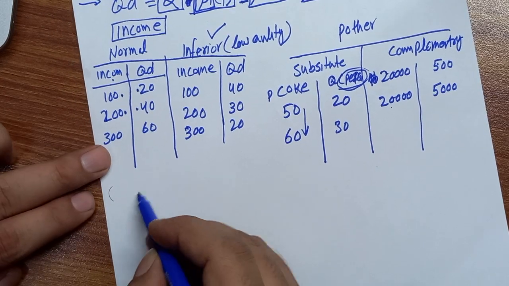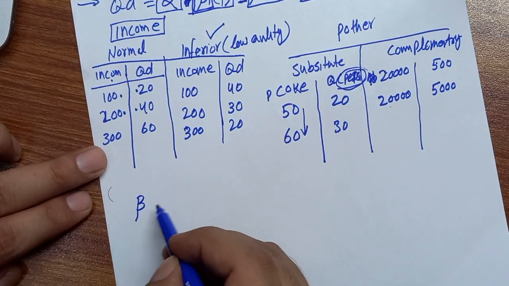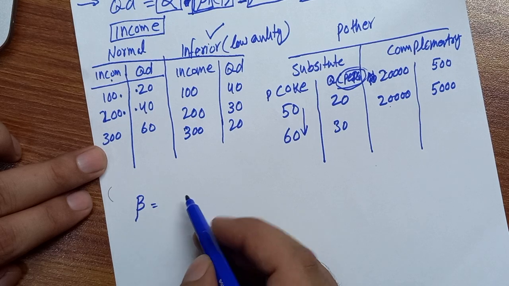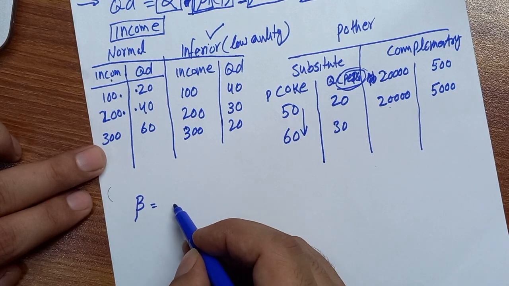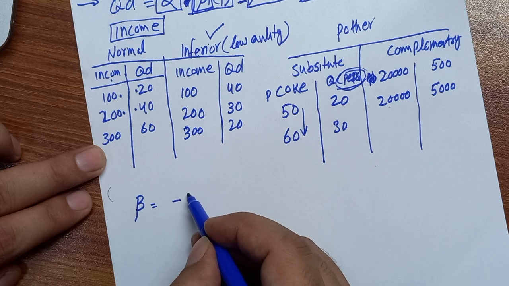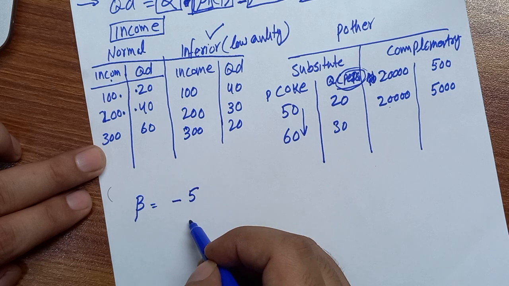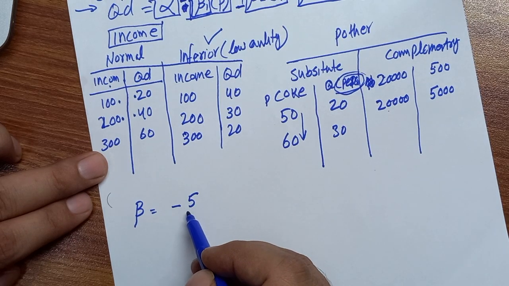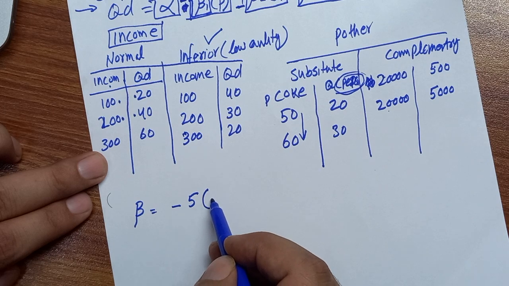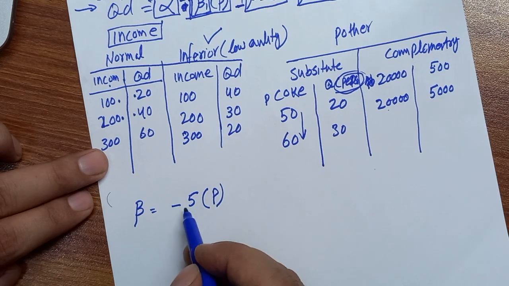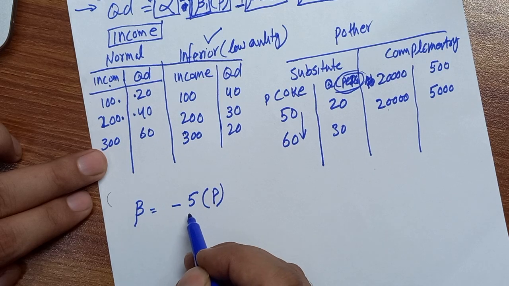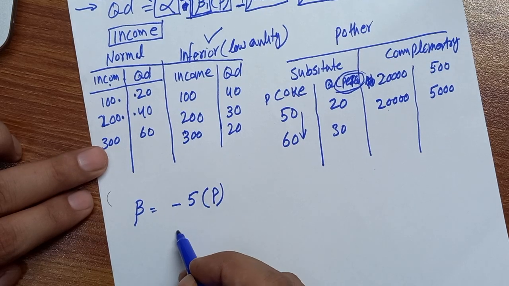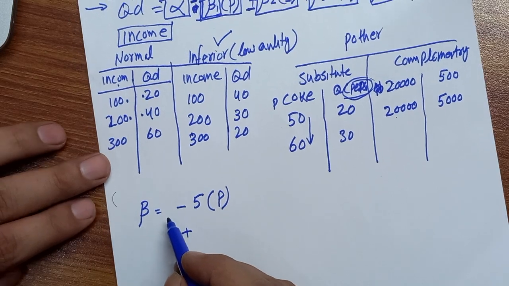Now what do you mean by beta? Let's say the beta is -5. When the beta is -5, it means that when a 1 unit change occurs in price, the quantity of demand will decrease by 5 units. And we also have a positive beta.